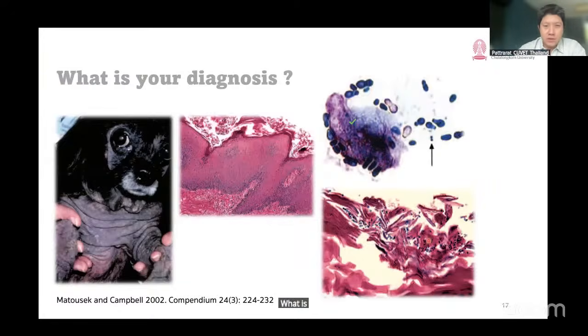What is your diagnosis? This is a case of a Chihuahua dog with chronic skin lesions. This is the secondary lesion of the skin condition after chronic inflammation.